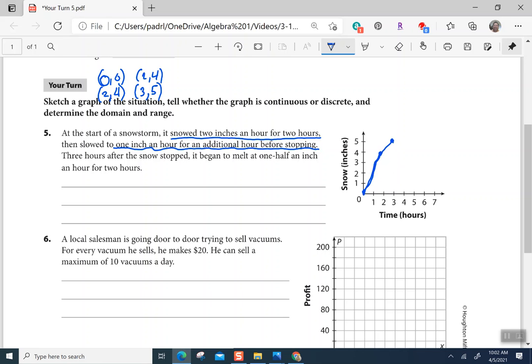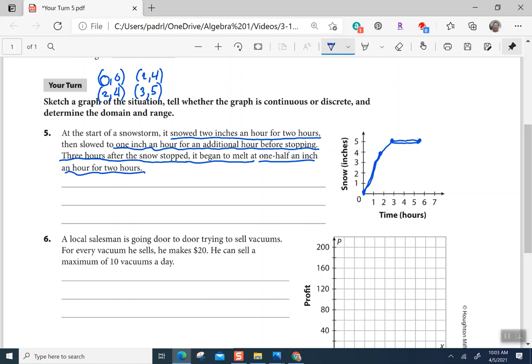Okay, what happened then? 3 hours after it snowed stopped, it began to melt. Okay, so that means for 3 hours, from 3 to 6, it stayed the same level. And then it started going down. And it looks like it began to melt 1/2 of an inch an hour for 2 hours.